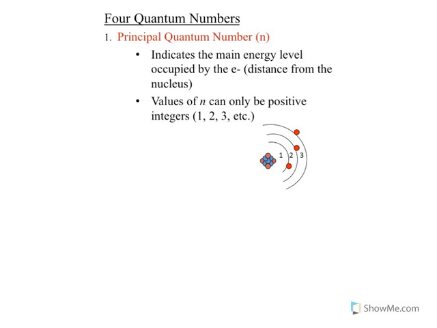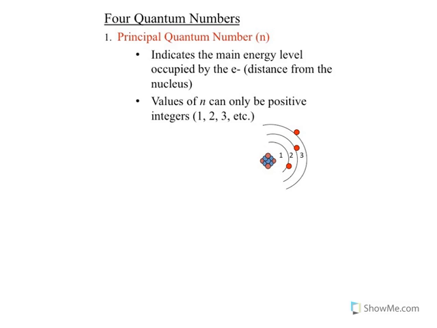The first quantum number is called the principal quantum number, and it's denoted by the lowercase letter n. It indicates the main energy level that's occupied by the electron, or the distance away from the nucleus. The values of n can only be positive integers, so starting at principal energy level number 1, 2, 3, 4, etc. And it goes up to 7 because that represents the period on the periodic table that the particular element is in.